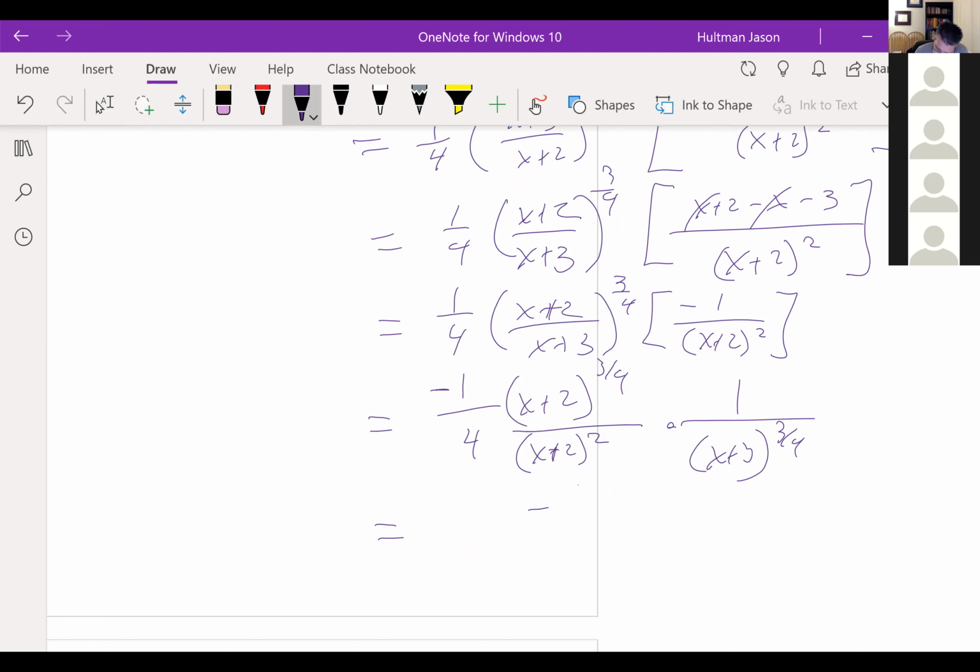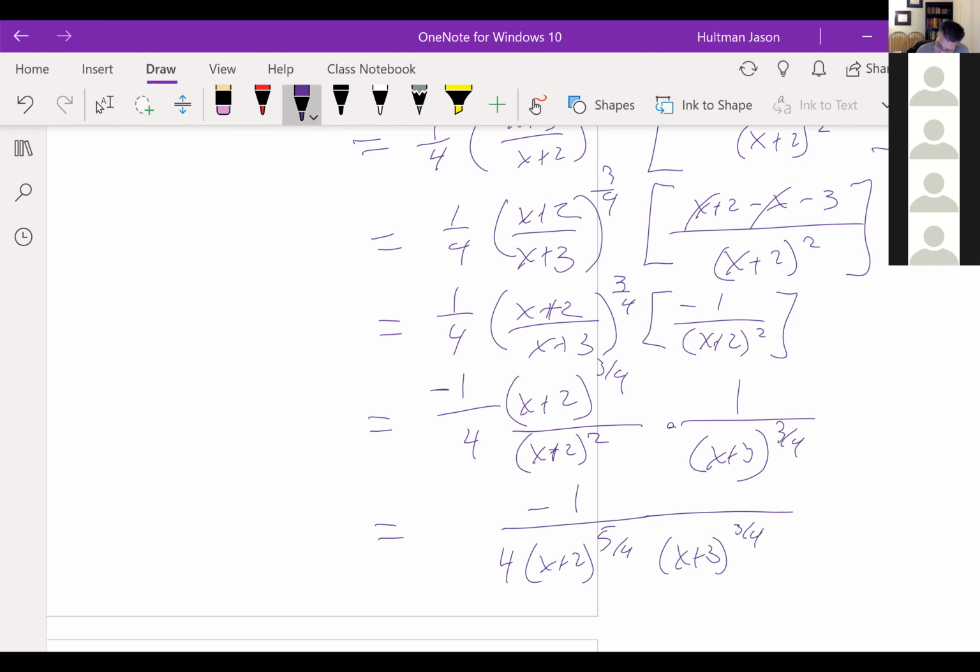This becomes negative 1 over 4. 2 minus 3/4, that's 1 1/4 or 5/4. Okay. So this is going to be x plus 2 to the 5/4, all over x plus 3 to the 3/4.